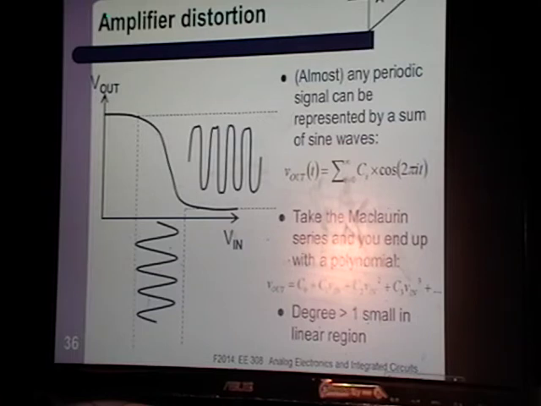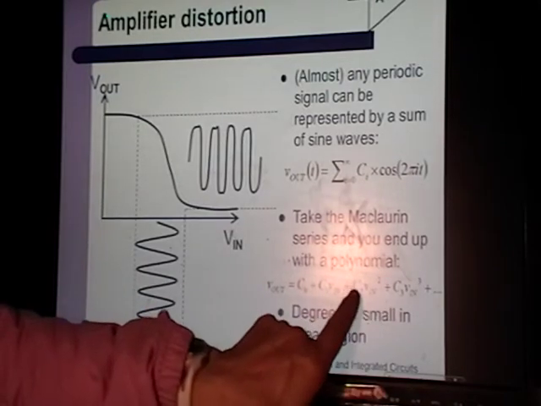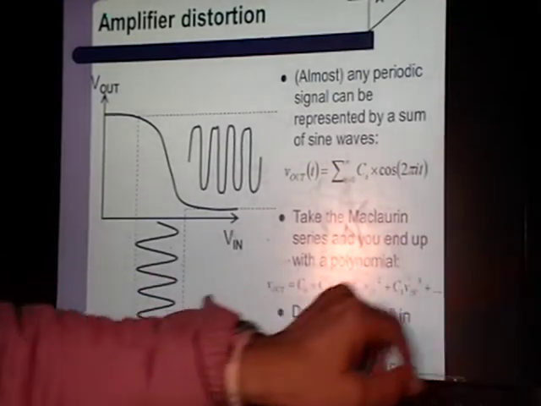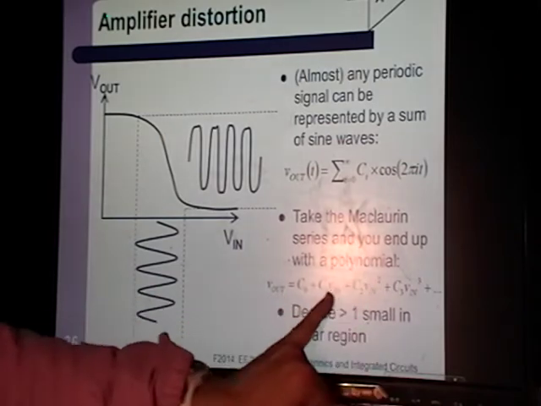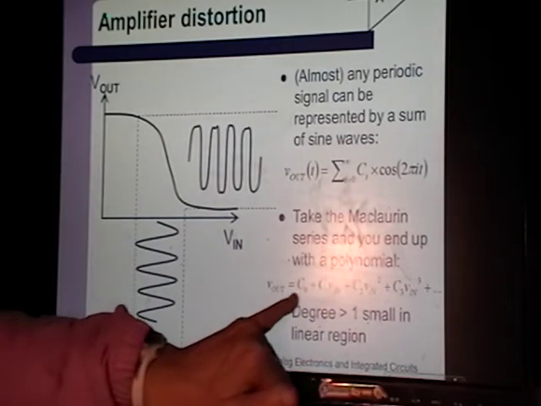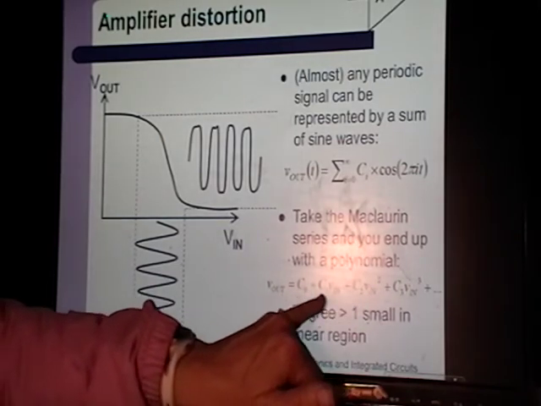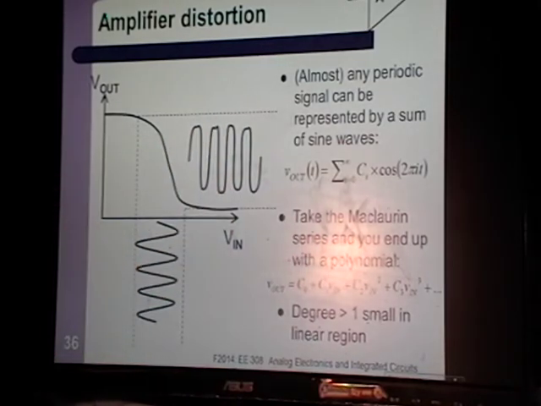It's an approximation, and here too, what we do is we say, okay, let's get rid of those. We understand this equation, V out equals a constant plus a constant times V in. That's a line, we understand that, we can do math on it. That's what small signal is. Small signal is where you throw out the rest of these, which means you have to be in a linear region here.